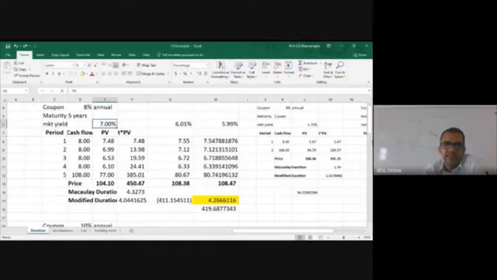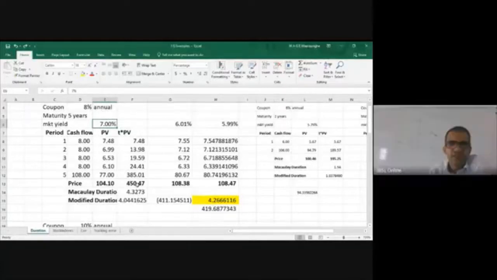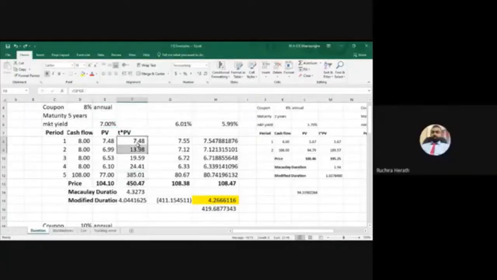Is it clear now? One question: Nestle duration calculated by 457 is the total, and that is the total of this weighted average timing.